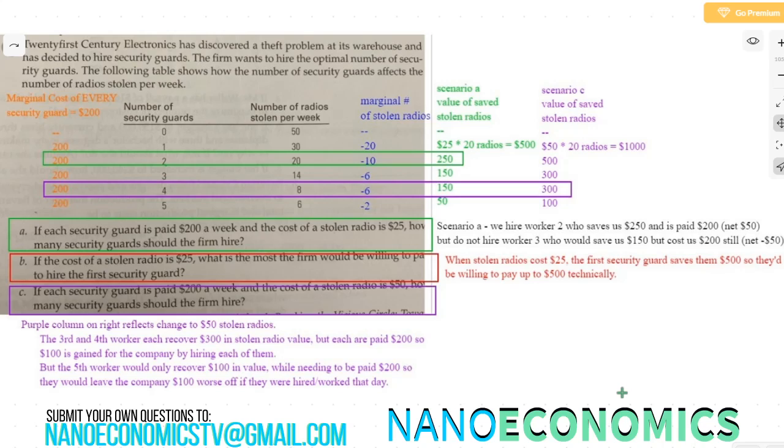So that's a similar question where we take the original total number of stolen radios per week at a specific number of security guards. From that, we can bring out the marginal change in those values.